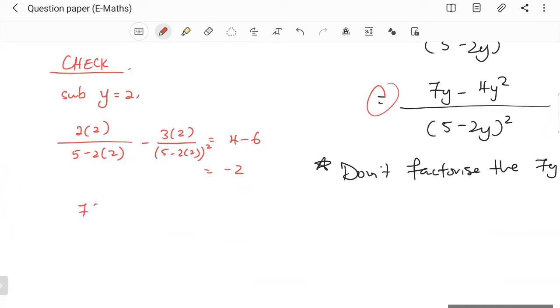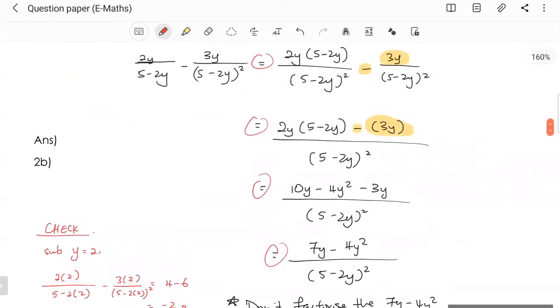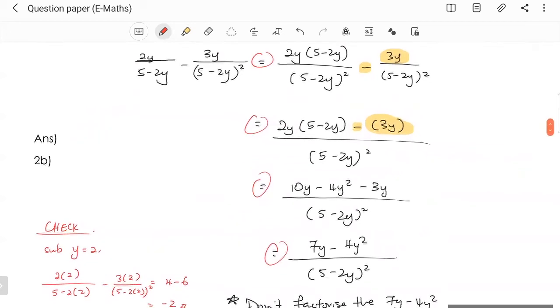So we try 7, and if you press into the calculator, you will get 14 minus 16 over negative 2. So this gives me negative 2 as well. After calculating, everything is negative 2. Since your answer and question give you the same value, it means that your answer is correct.